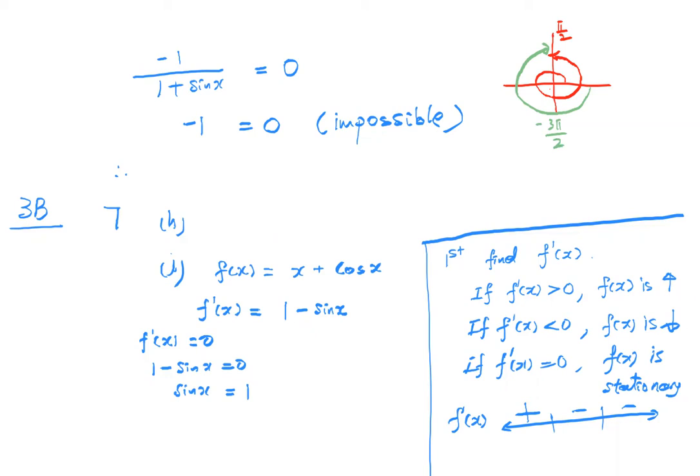Hello. So that means there are a lot of stationary points. Unending stationary points. Do you know that? You don't know. So let me show it to you. Unending stationary points. So your x can be negative 3 pi by 2.